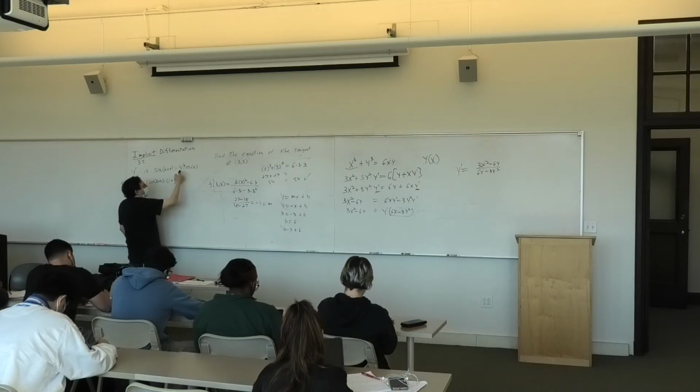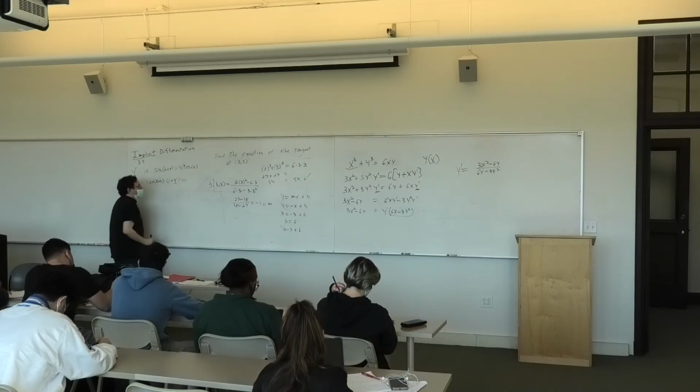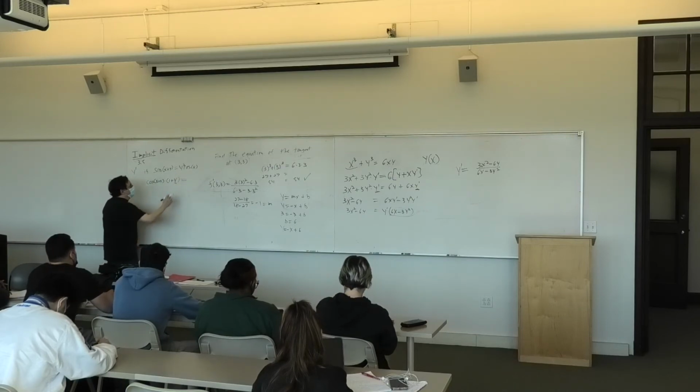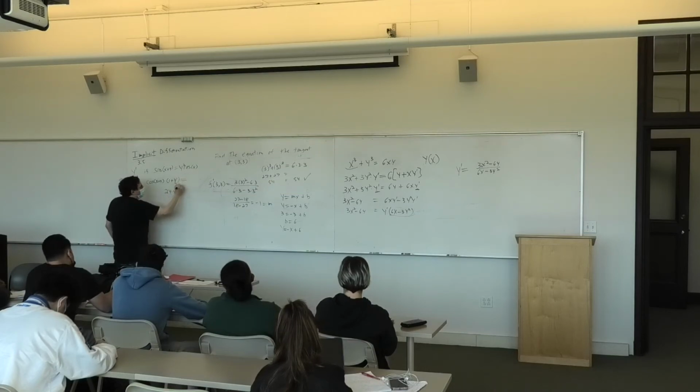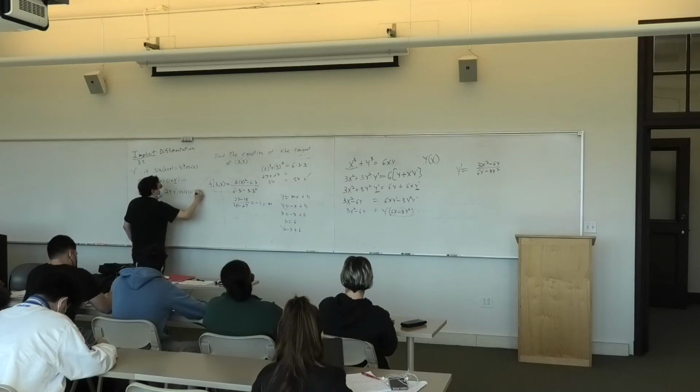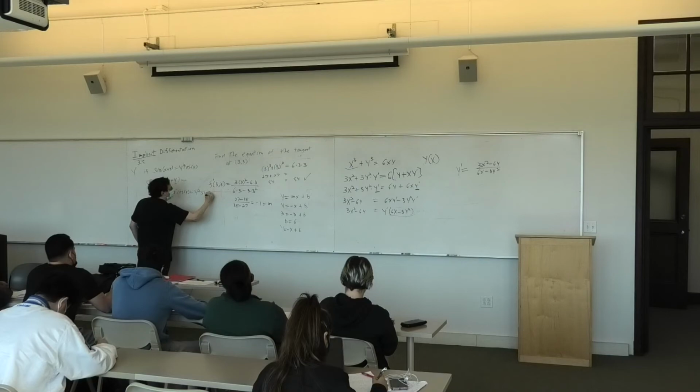That's equal to, well, here we're going to need to use the product rule. Derivative of y squared, that's 2y, the chain rule, times y prime, times cosine of x, plus y squared times the derivative of the cosine, which is negative sine.